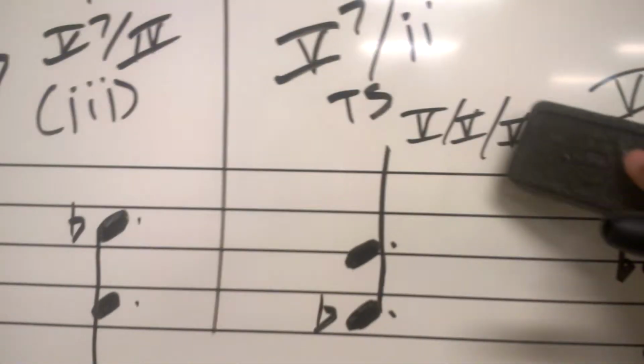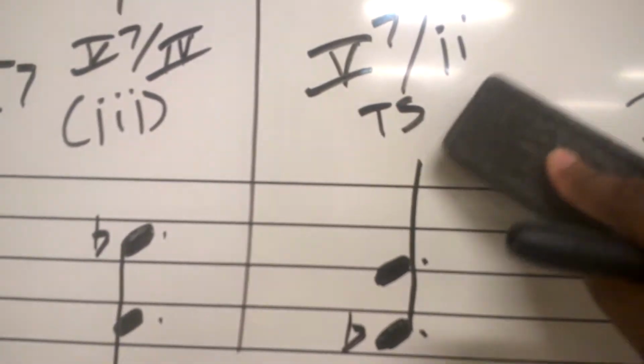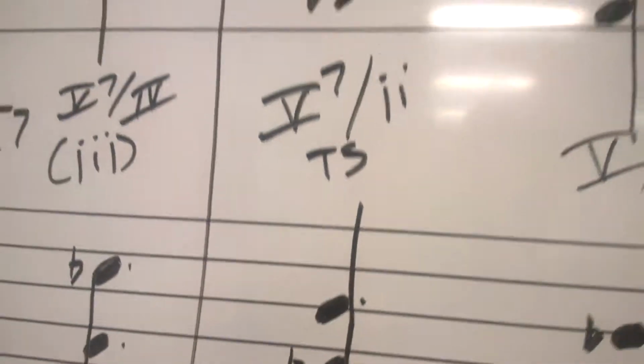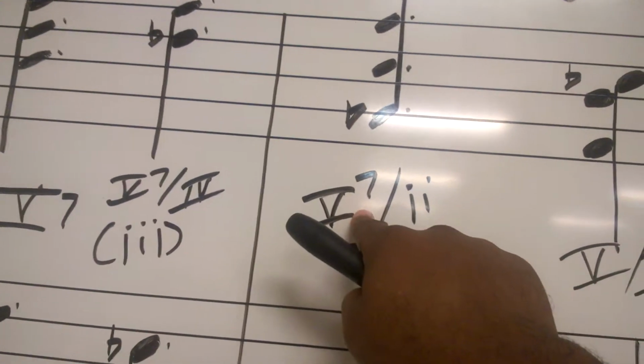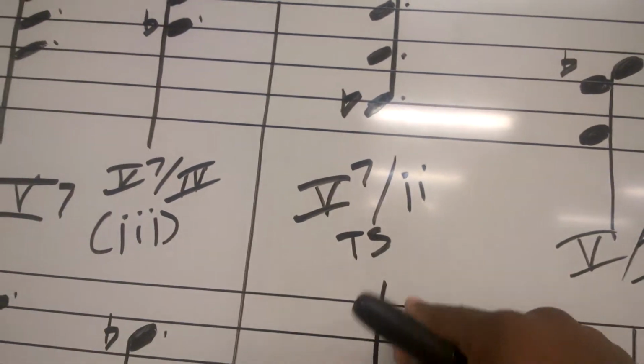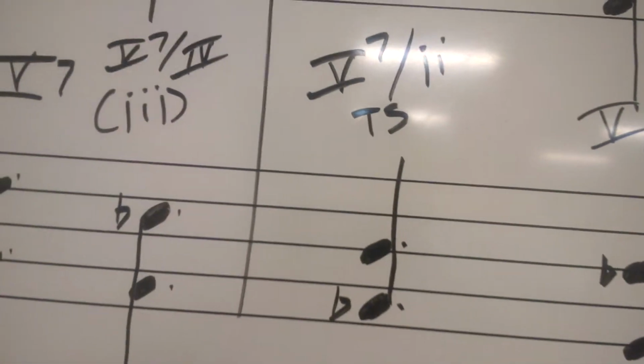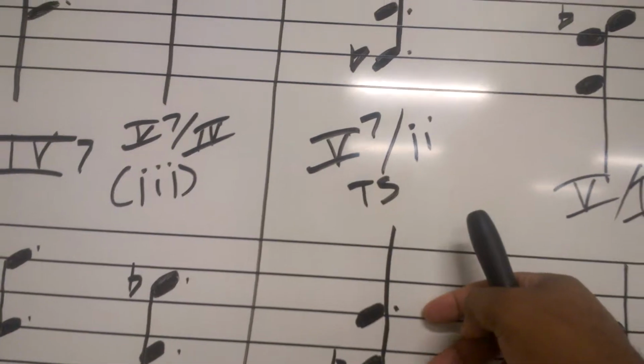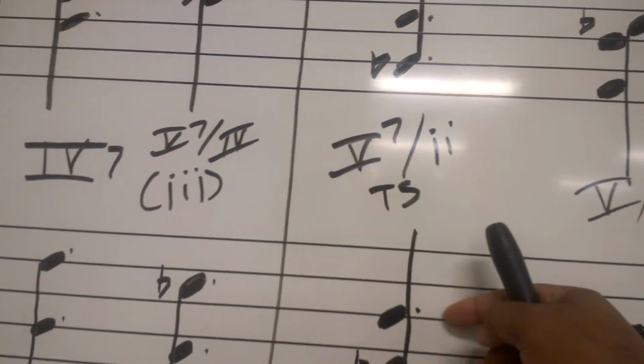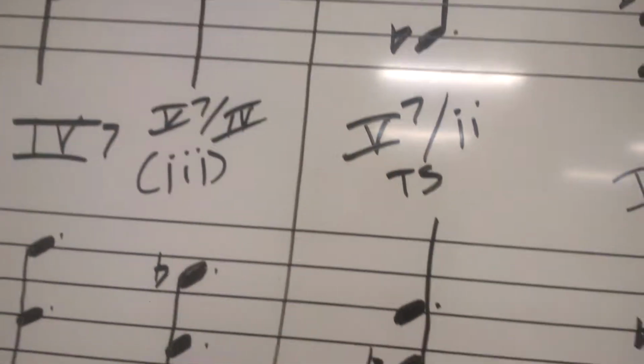Now, moving on, since that is not what this is. Now, it's not just the dominant 7 of the supertonic. It's also a tritone substitution because D is the root of the chord, but it's also a tritone.